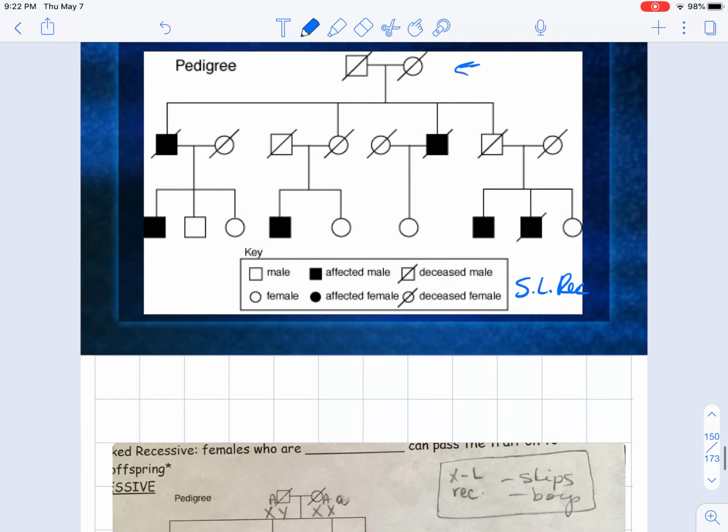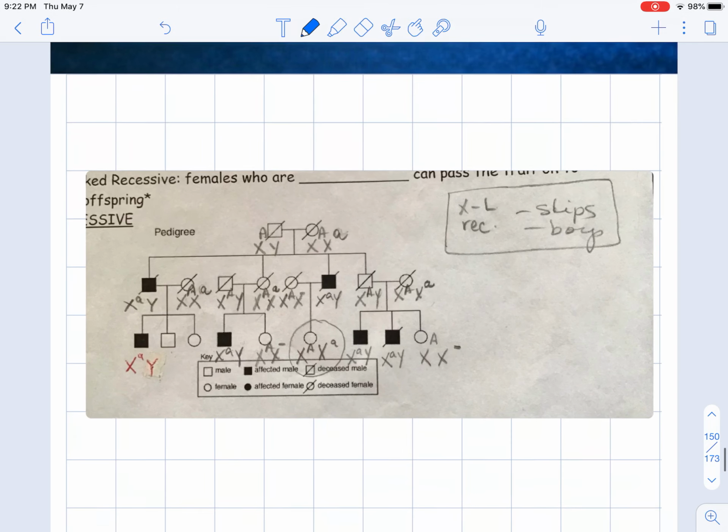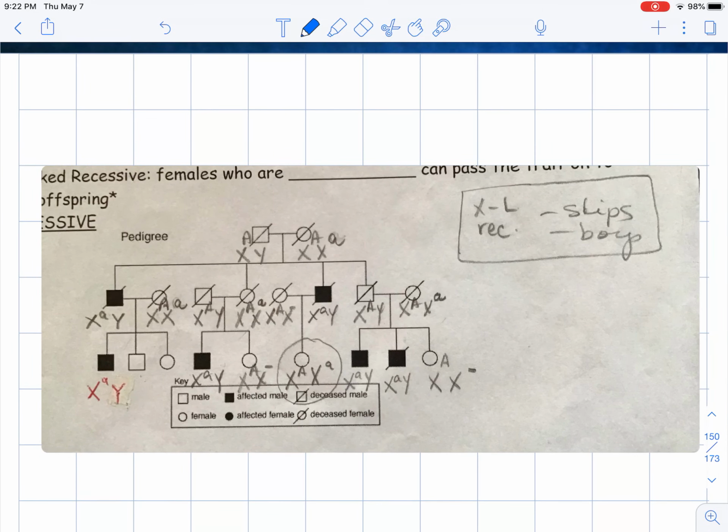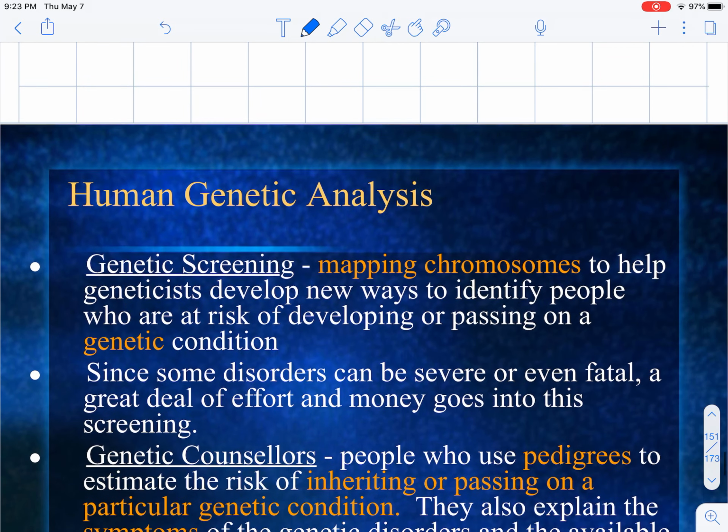And so when we put our genotypes in there, we can indicate all the ones who are dark and have the condition as being recessive and sex-linked, because that's what we figured out by checking out the incidence of who has it. They're all boys, and it skips a generation. So you guys can fill those in if you like.